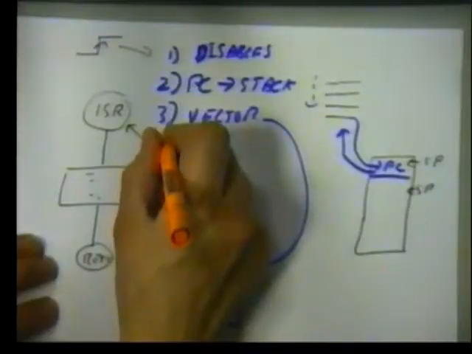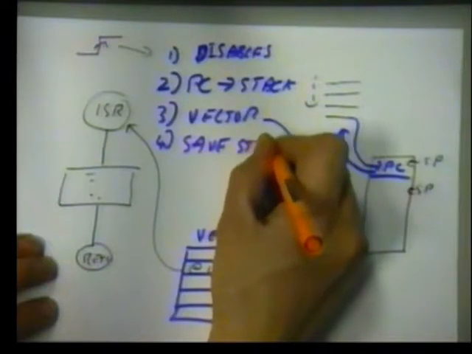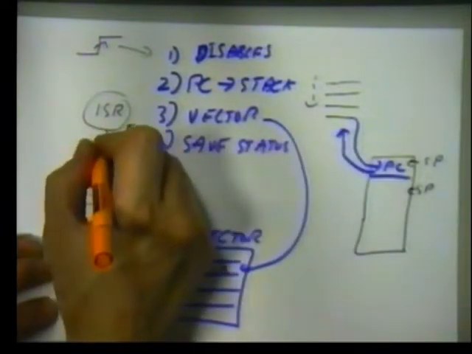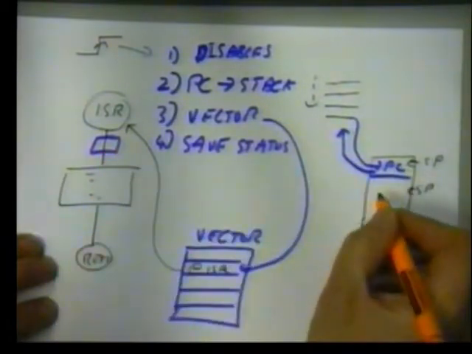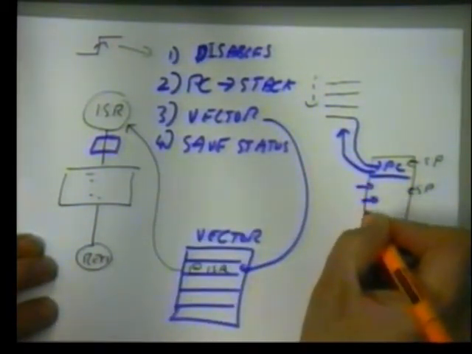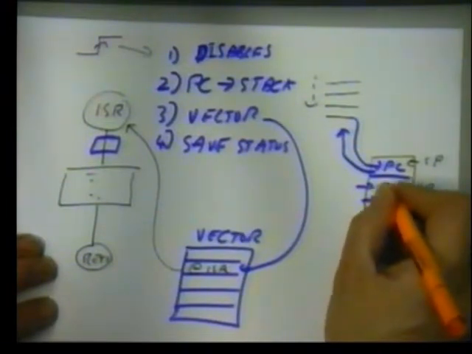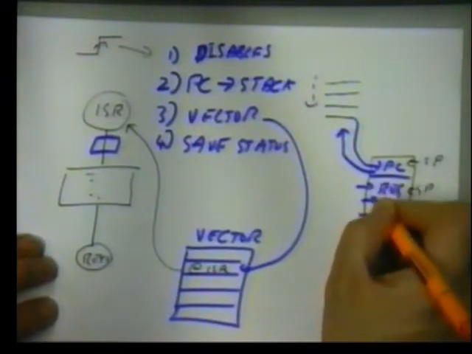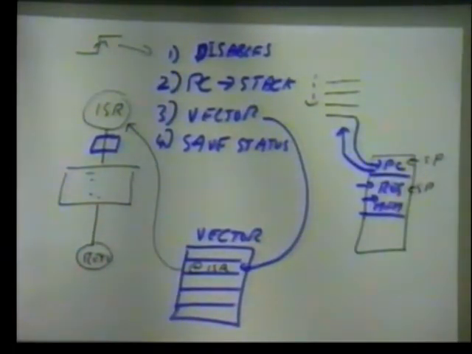So before we can do anything, we have to save the status. That is, the ISR has to do it here as a bit of preliminary code. It has to save on the stack anything that it's going to use. That could be registers, it could be memory. I don't know what it is. It's up to you. It's your program.